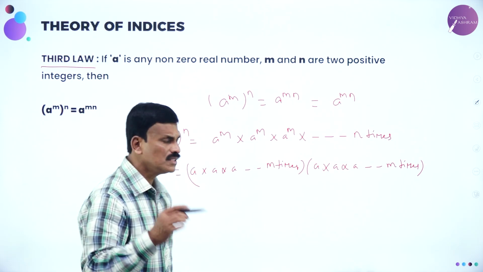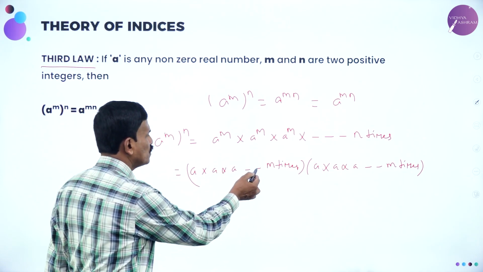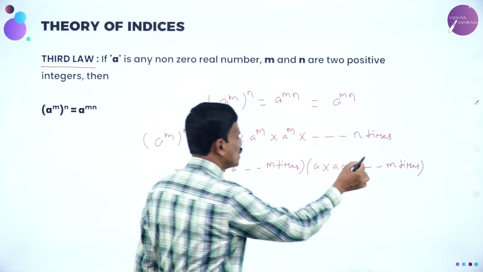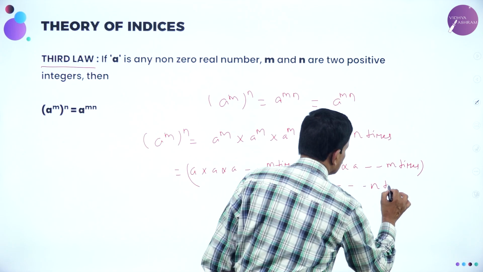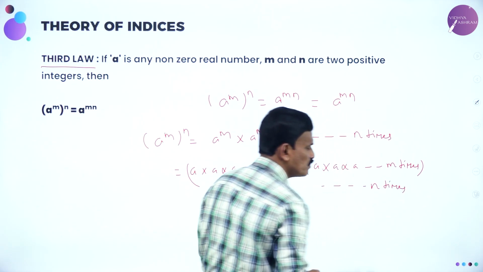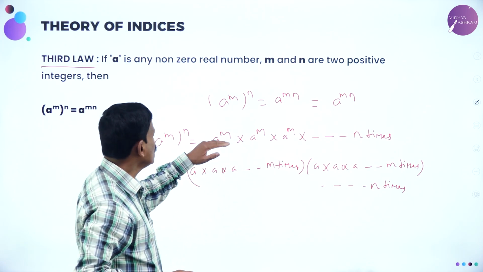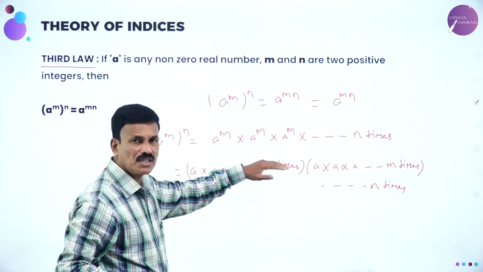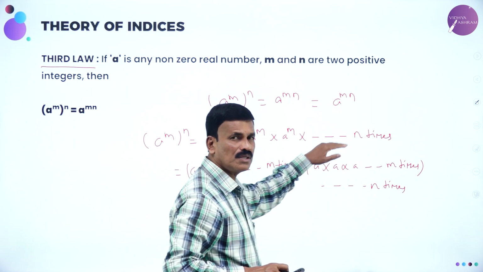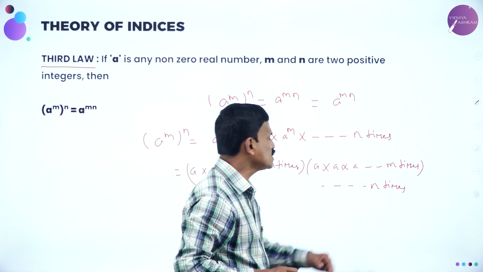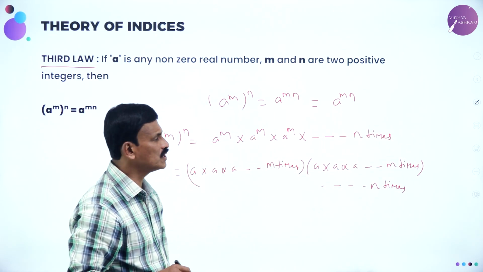Again a to the power of m, etc. How many times? The last is n times. So that means this is the multiples of a into a m times. This is also the multiple of a into a m times, etc. The last term is n times a into a.